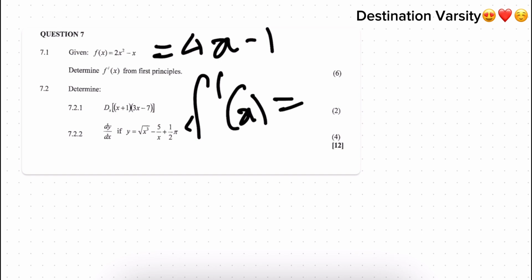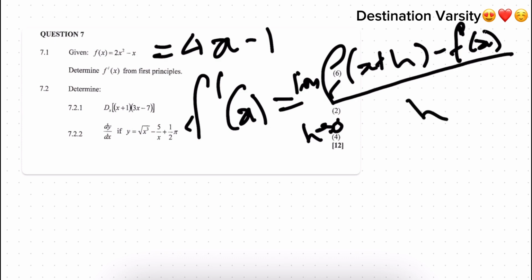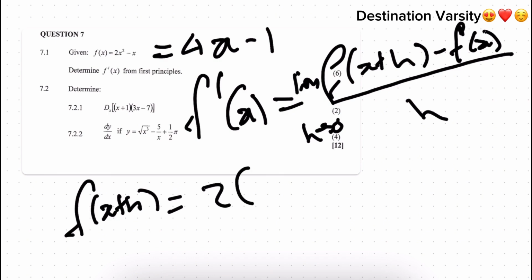F prime of x is equal to the limit as h approaches 0 of f at x plus h minus f at x all over h. And then f at x plus h is going to be 2 into x plus h squared minus x plus h.